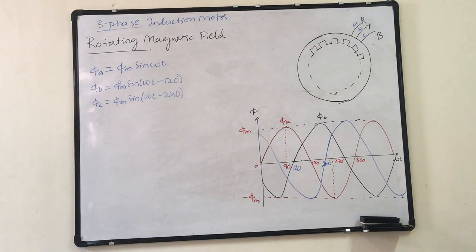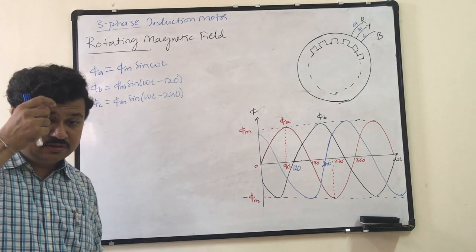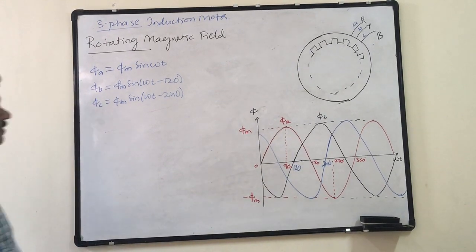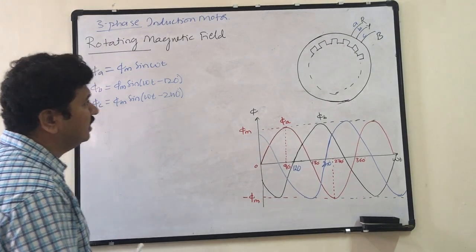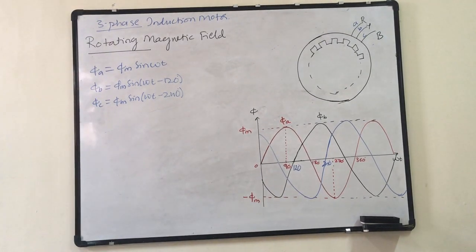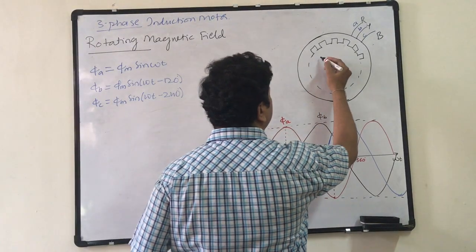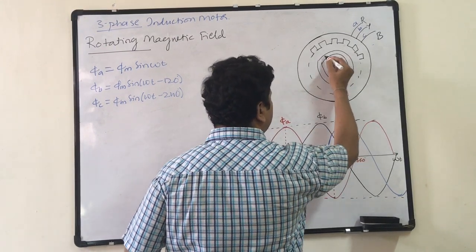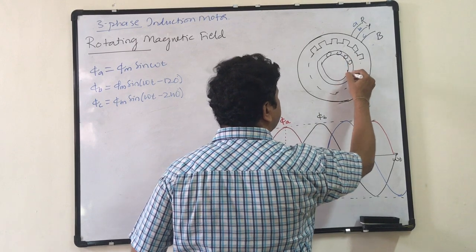So this is the three-phase flux produced in the air gap by the stator winding. Now this phi A, phi B, phi C, all three fluxes exist in the same air gap. This is the rotor. Okay, I will take a cage rotor.